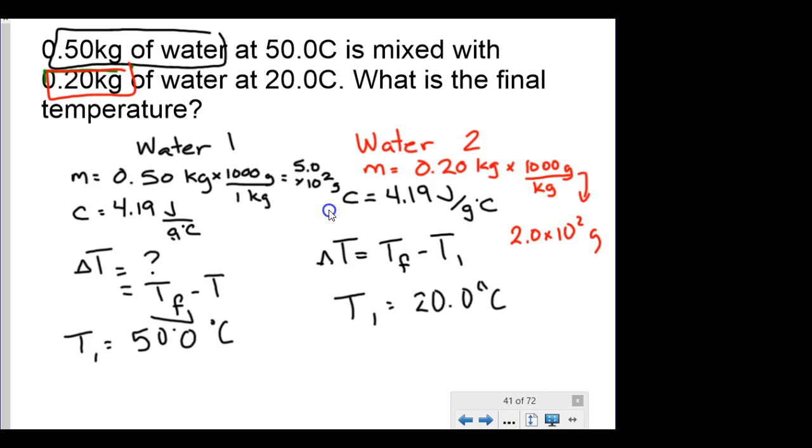Which of these two samples of water is going to lose heat?